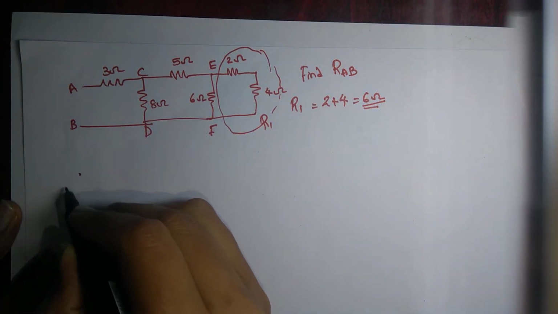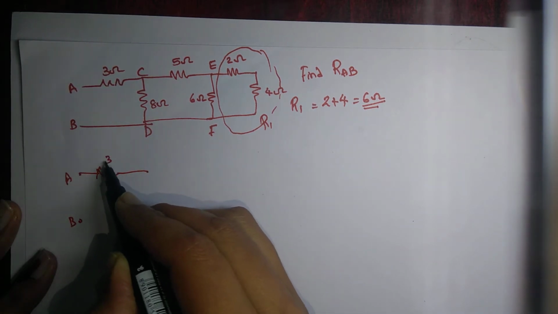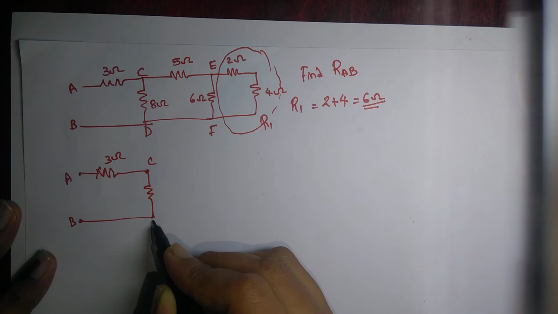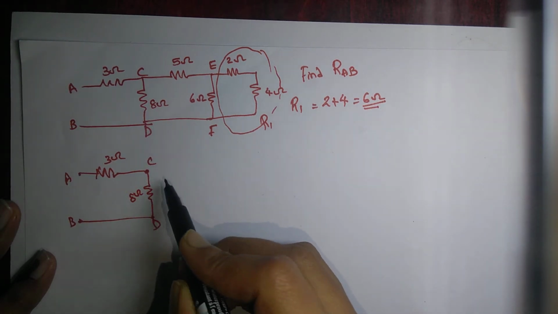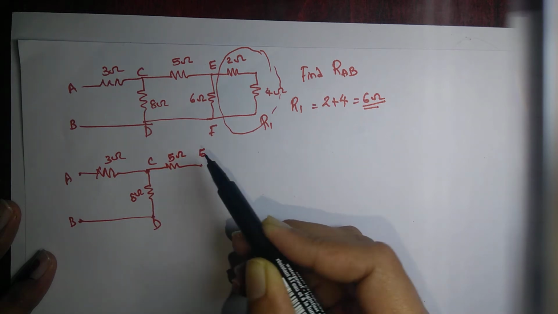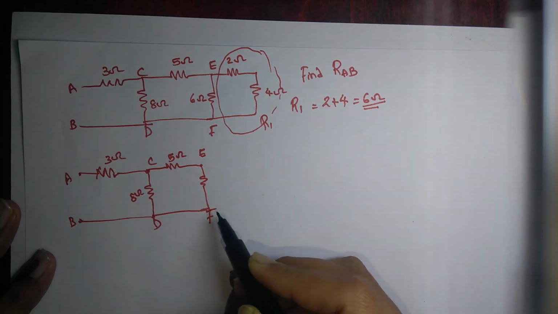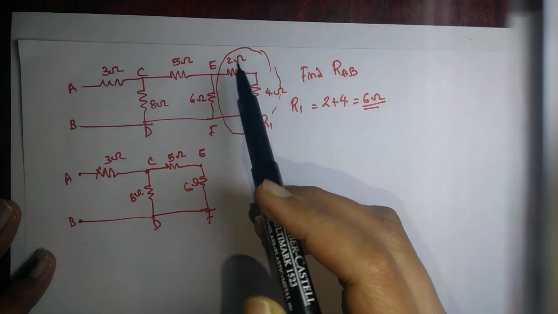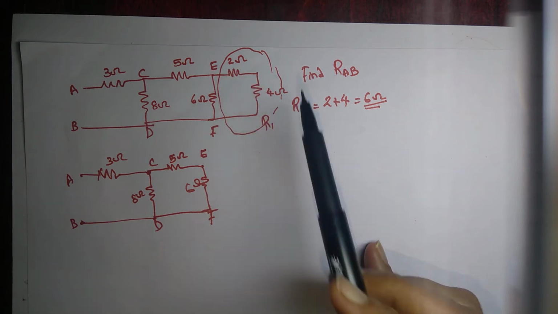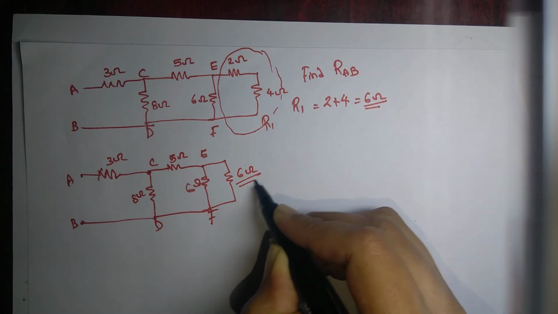Here we have 2 points A and B, and here I have a resistance of 3 ohm between A and C, and a resistance of 8 ohm between C and D, and 5 ohm between C and E, and between E and F we have 6 ohm. Okay, I have redrawn this entire circuit as such. Now we are going to replace this 2 and 4 ohm with our new resistance. That new resistance is R1 and its value is 6 ohm.